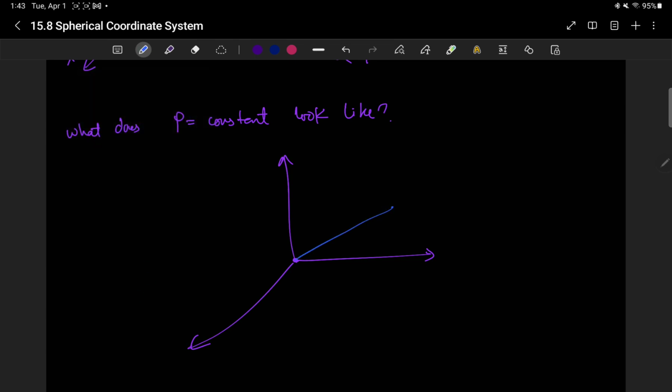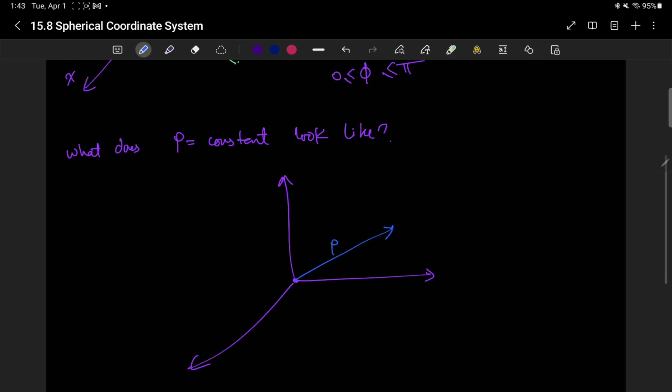Fixed distance from the origin. Suppose this is rho. Now if rho is constant, theta can be anything between 0 and 2 pi, and phi can be anything between 0 and pi.